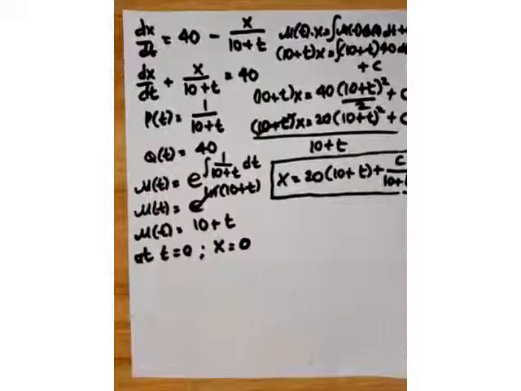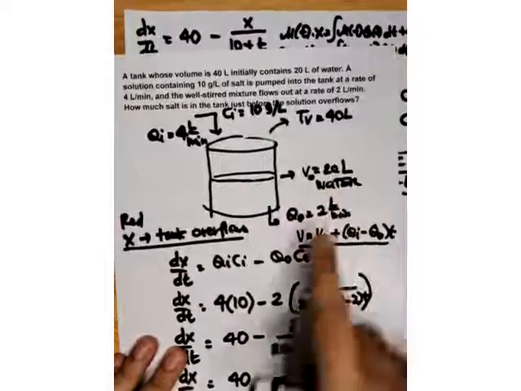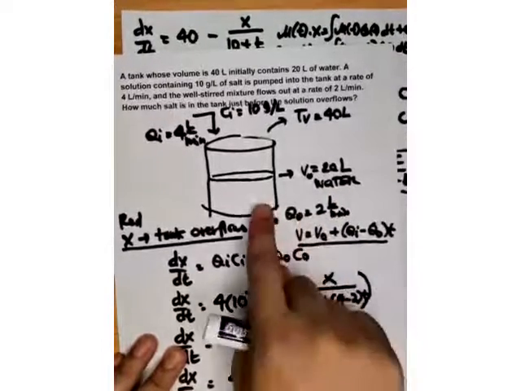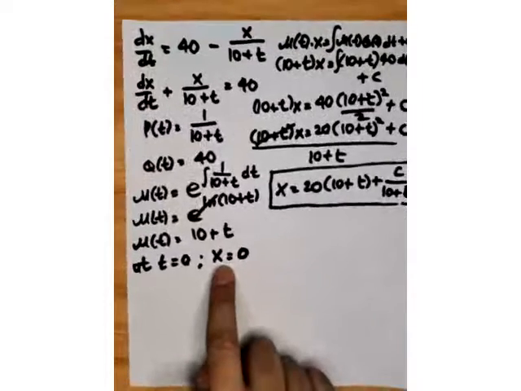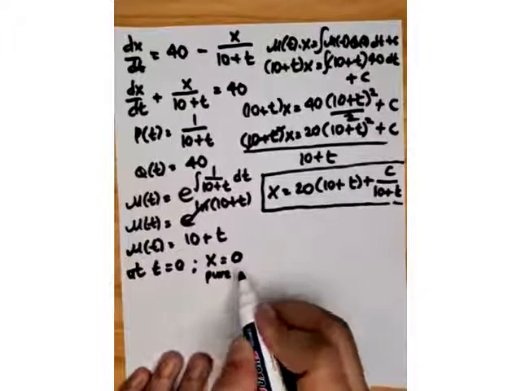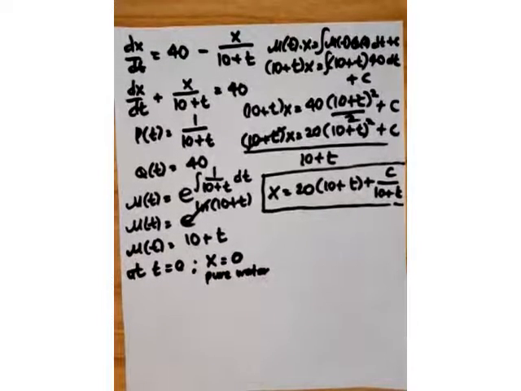Okay, why 0? 0 because our tank only contains pure water. So initially, wala siyang salt, wala siyang substance sa iba, kundi tubig lang. So therefore, x will be equal to 0. Okay, so that's why it is 0. Because it's pure water. Because x is the amount of substance in the tank.